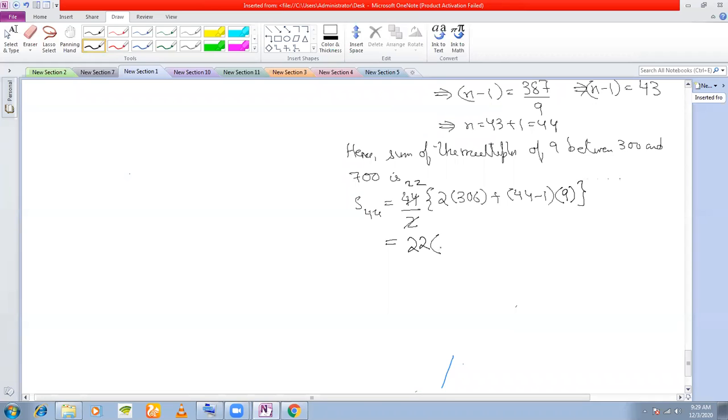And 306 into 2 is 612, plus 43 into 9, which is 430 minus 43, 387. So 387 plus 612 will give us 999.